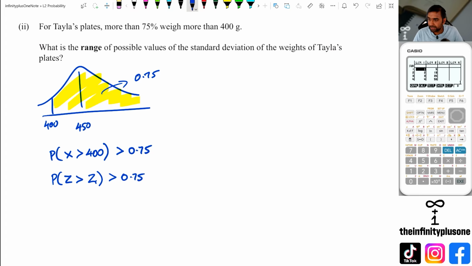The way we're going to do it is go into distributions, normal, inverse, right tail, then 0.75. So I've got right tail is 0.75, standard deviation is 1, mean is 0. And basically that's giving me a Z value of negative 0.67.